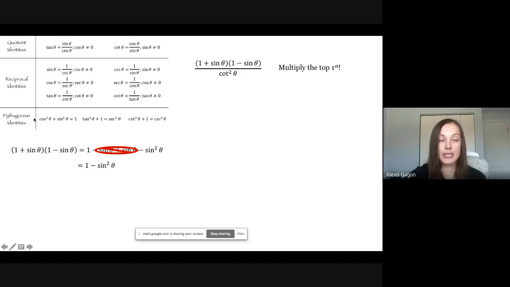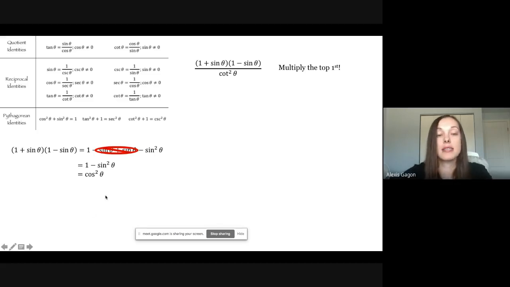But if you remember your Pythagorean identities, I can manipulate this to look like 1 minus sine squared of theta if I just subtract the sine squared over, which means cosine squared equals 1 minus sine squared. So this is the same as cosine squared of theta. Please interrupt me if you have questions.